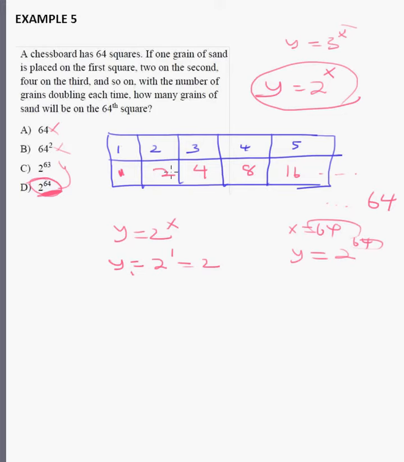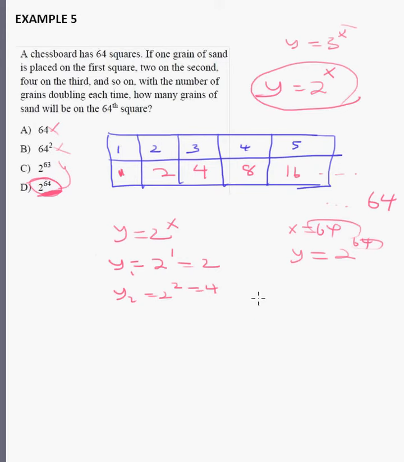So let's come back here. y2 is equal to 2 to the power 2, which is equal to 4, and that's 2. So there's something wrong. It means the 64th one is going to go down by 1. So obviously the x will decrease by 1.